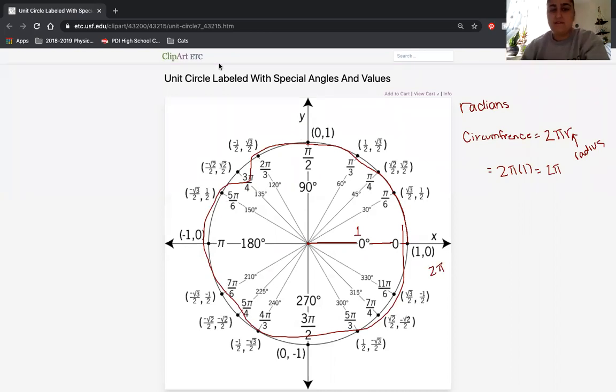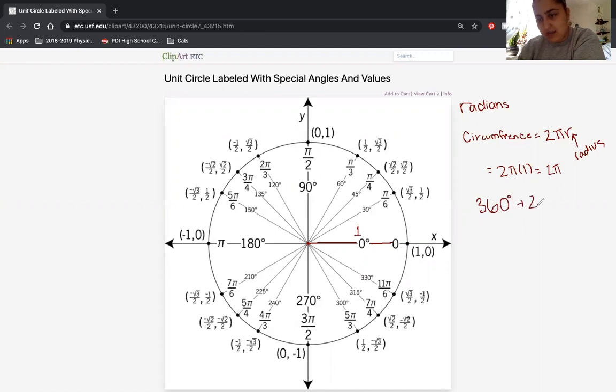When we are converting from radians to degrees or the other way, we're going to do something like this. We know that for every 360 degrees in a circle, there are 2 pi radians. And the way I'm going to specify radians, I'm going to write rad.